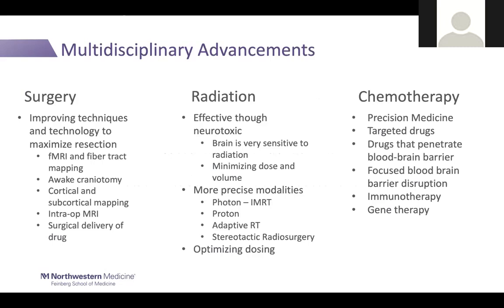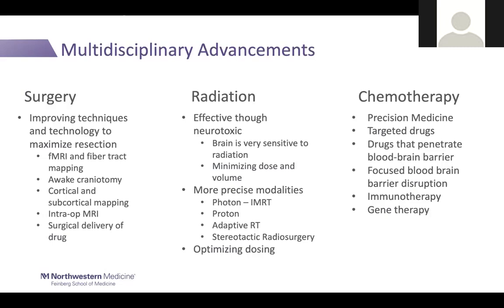Surgery, our surgeons are continuously improving techniques, finding new ways, doing new preoperative testing, intraoperative testing to get a better sense of where the tumor is, what damage it's causing already, how can they remove as much of the tumor as possible, as much as they can without causing additional damage.